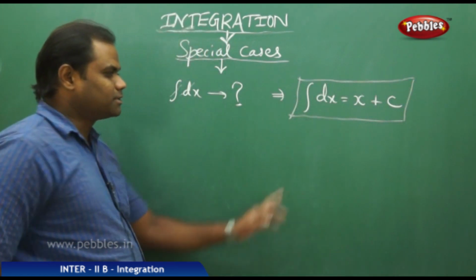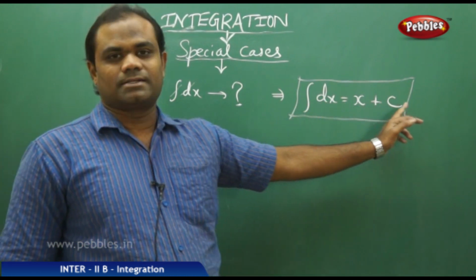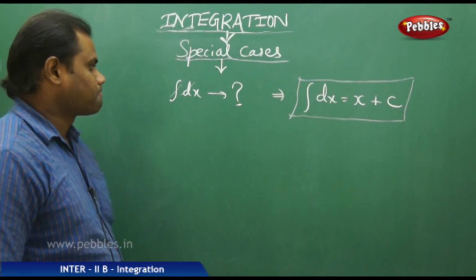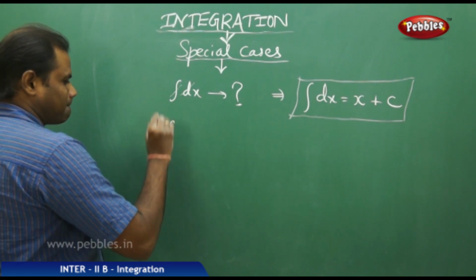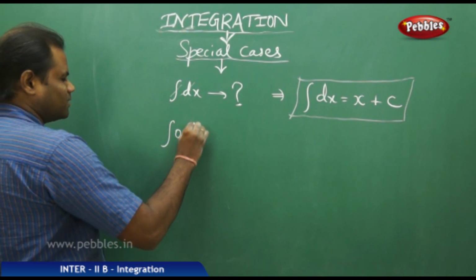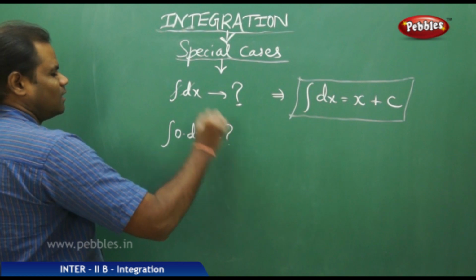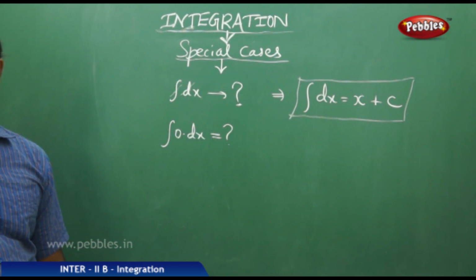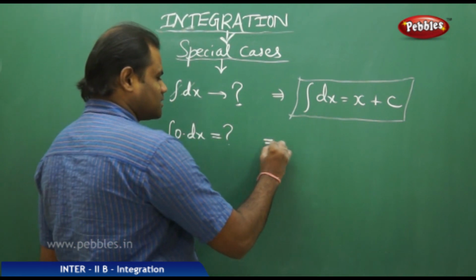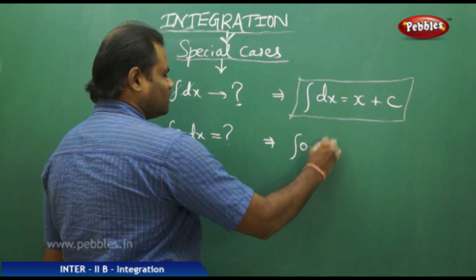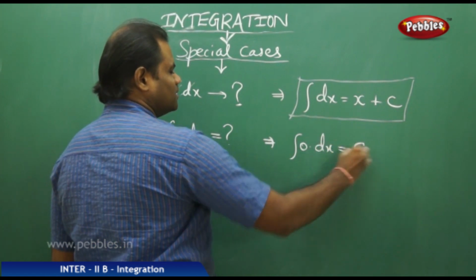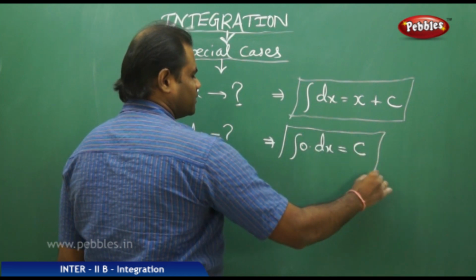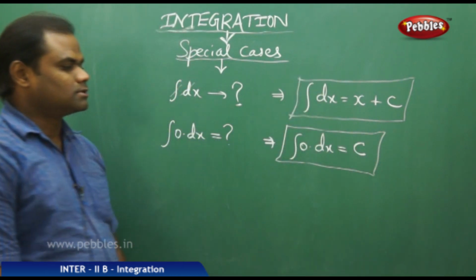Derivative of integral of dx is x plus c. Similarly, if I have integral of 0 dx, then how much is this is the biggest question. So in this case, integral of 0 dx is assumed to be the constant of integration c.